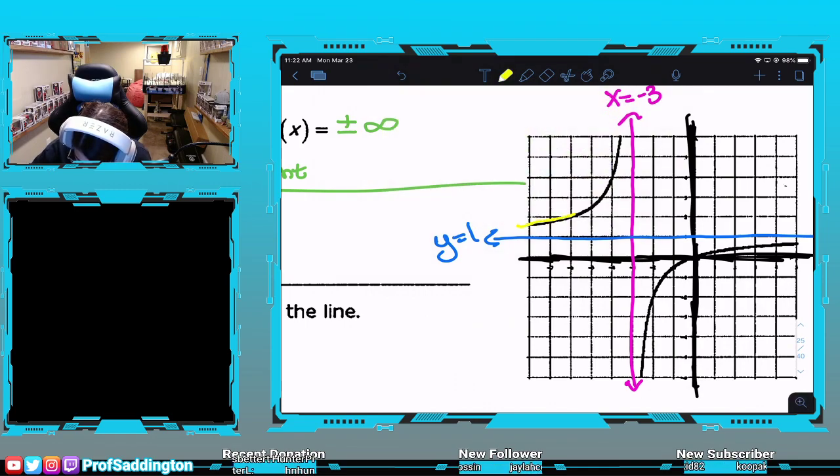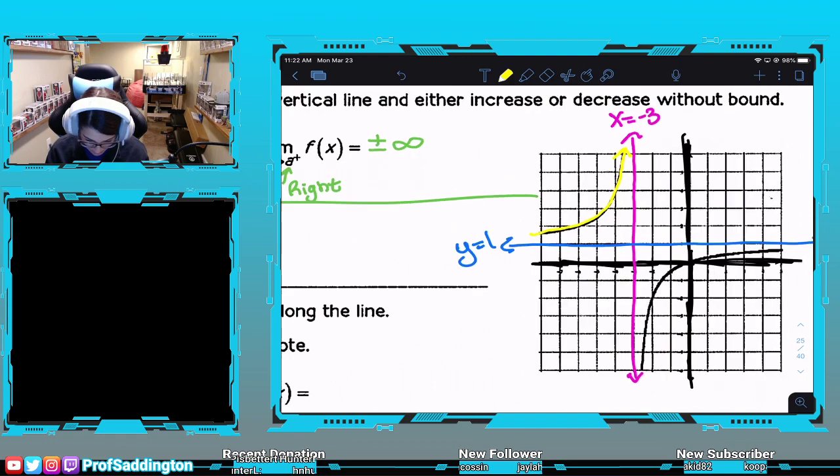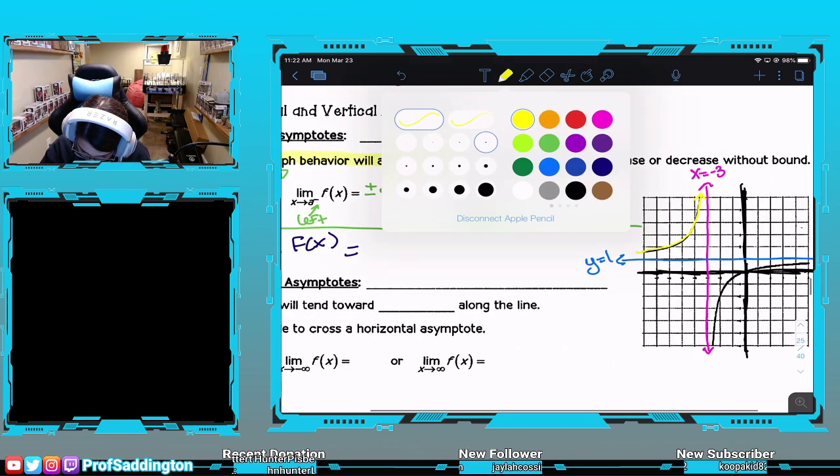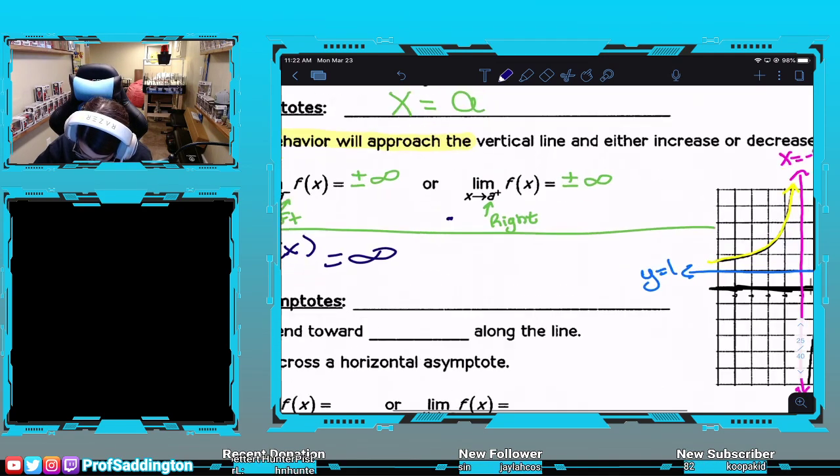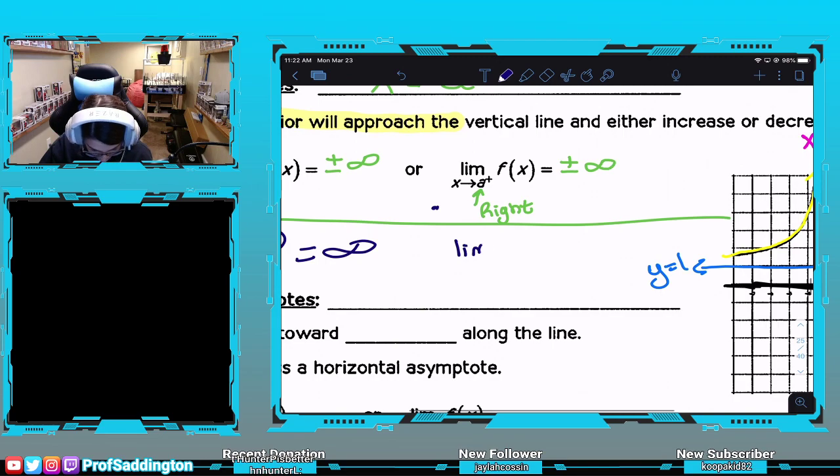If I go from the left and I'm following the function, it's going up and up and up. Since it's going higher and higher and higher, that means we must be approaching positive infinity. And let's go from the other way as well. Let's do the limit as x is approaching -3 from the right of that function.